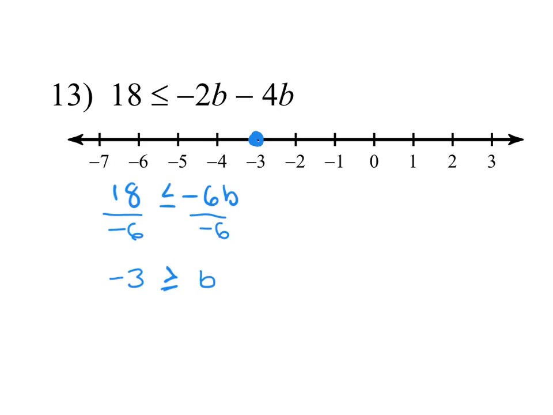So we have -3 is greater than or equal to b, so that means that b is less than or equal to -3. So any number less than -3 would be -4, so we are going left. So we go left here. Any questions on this one?